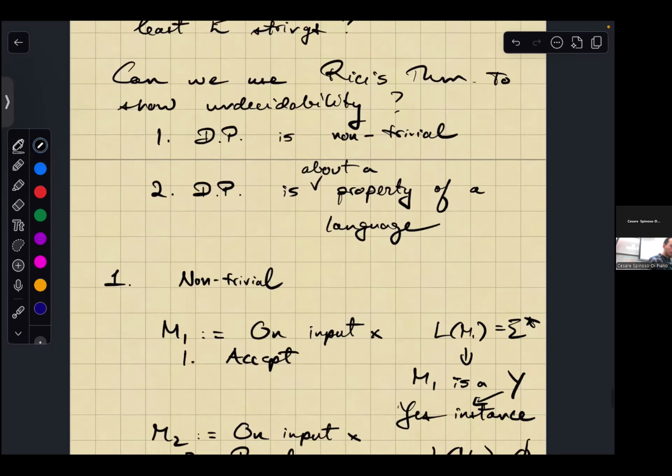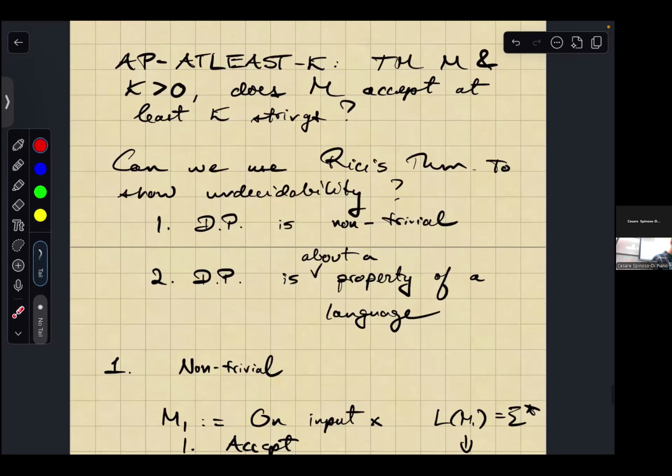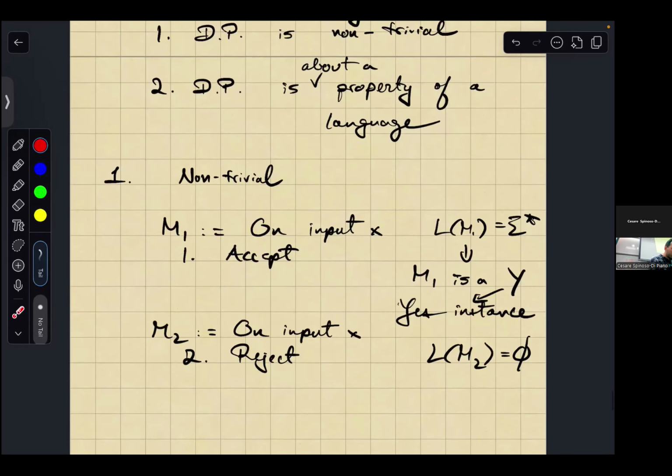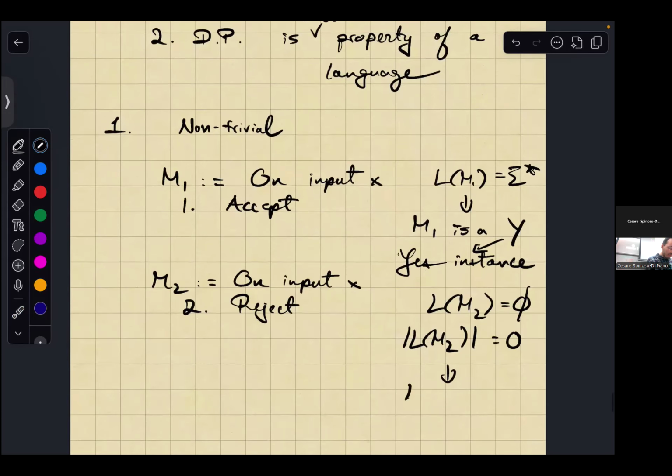If we carefully read at least K, it says, does M accept at least K strings where K is strictly greater than 0? Well, no, because the size of L of M2 is 0. So it does not accept at least K strings. It doesn't even accept 1. So that means that M2 is a no instance. So I have a non-trivial decision problem. So yes, this is non-trivial.